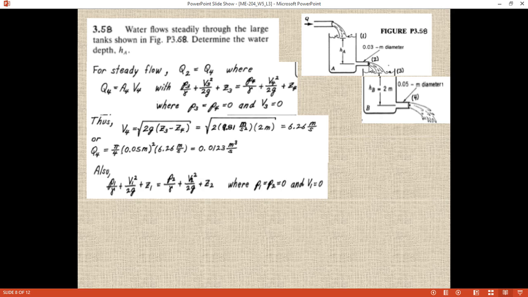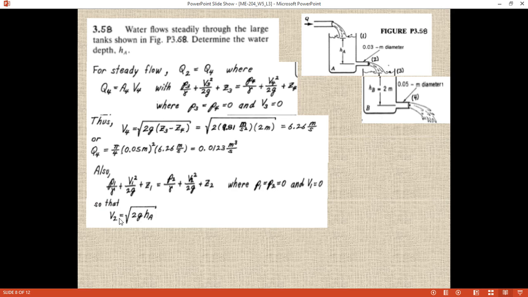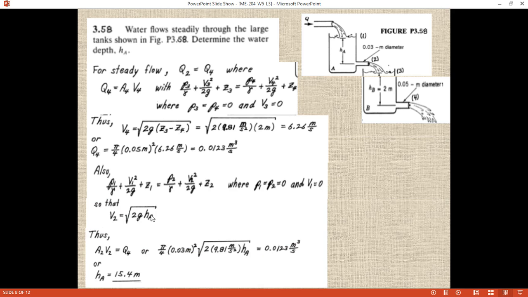We apply the Bernoulli equation between 2 and 1, because at point 1 we know the boundary condition, P1 is equal to 0 and V1 is equal to 0, and V2 we can find out by using this volume flow rate. Okay, so we apply here this boundary condition, and finally we calculated V2, and by using this we calculated the velocity.